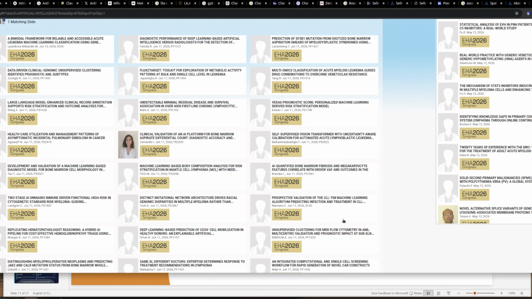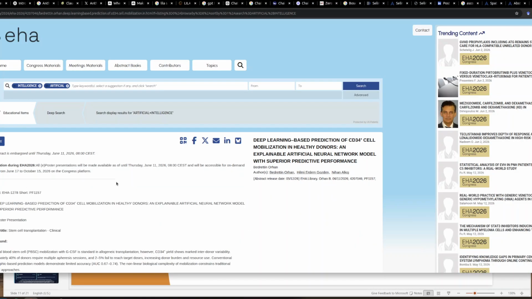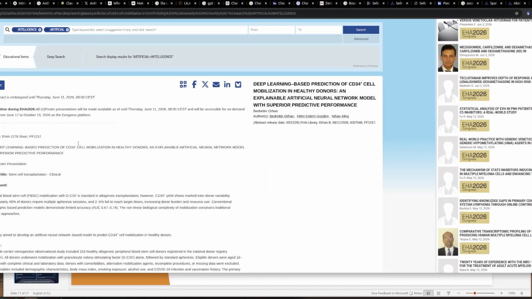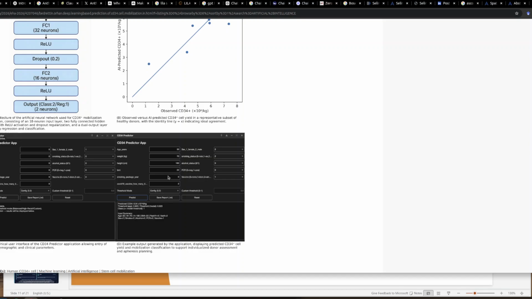There are so many of them. Let's just randomly click one of them. So this is one: deep learning based prediction of CD34 cell mobilization in healthy donors. See, it's a beautiful one. There are so many of them.